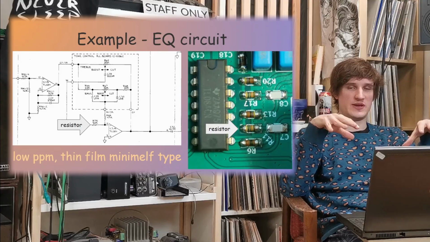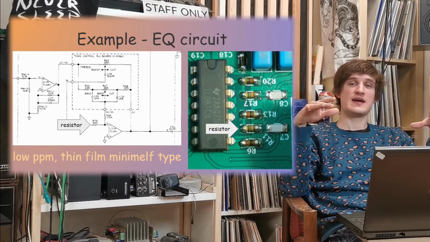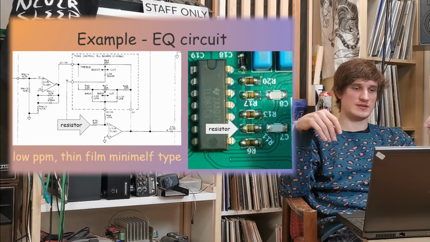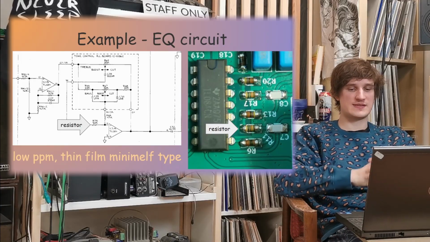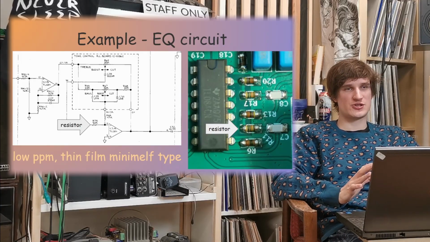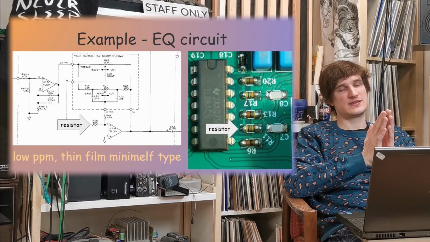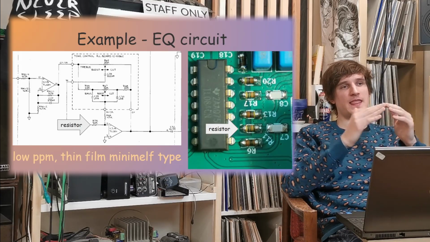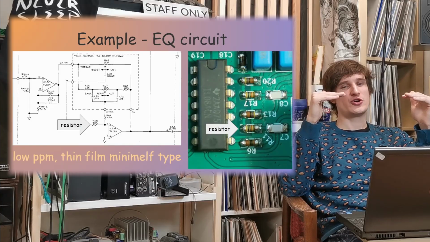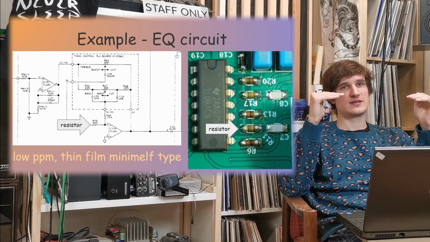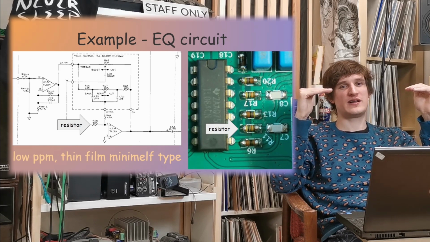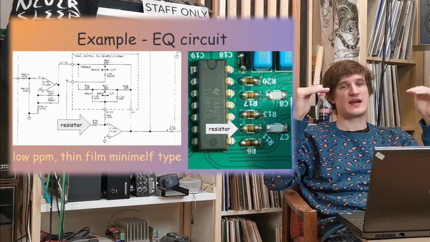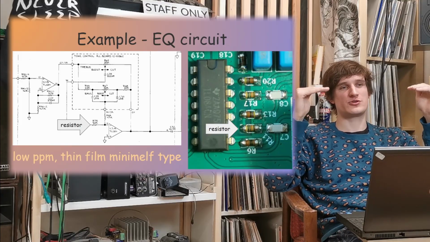They have low ppm, this thermal coefficient I was mentioning before, and what this low ppm essentially describes is how sensitive your resistor value is to changes in temperature. So how your nominal value changes according to changes in temperature.